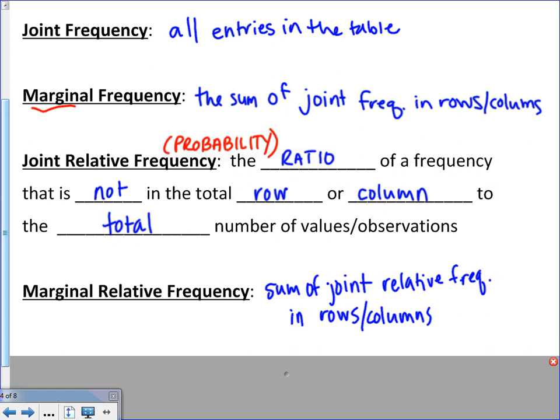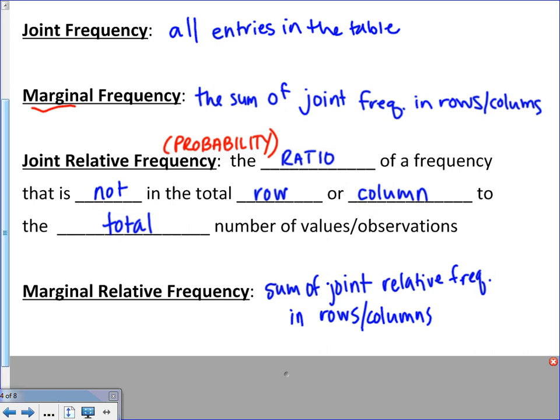So it's really the same thing as a marginal frequency, which is the sum of your rows and your columns. But here, instead of adding the number of people who do something, we're adding the probabilities that they do something. So again, a marginal relative frequency is just a probability.